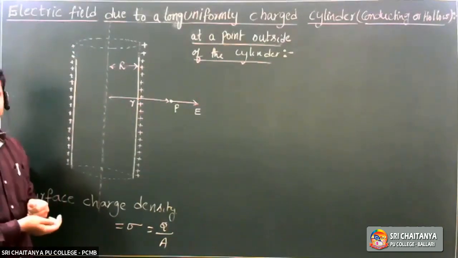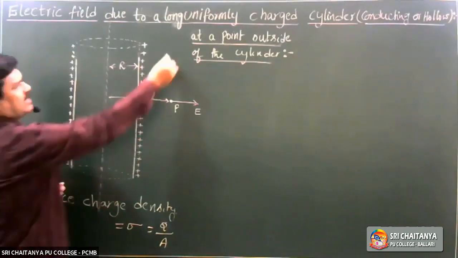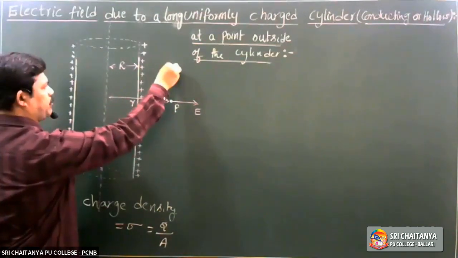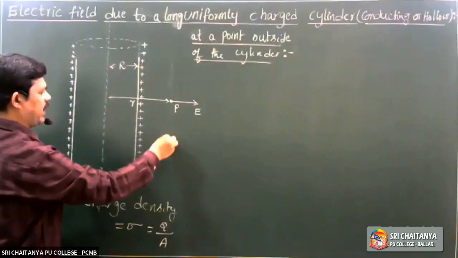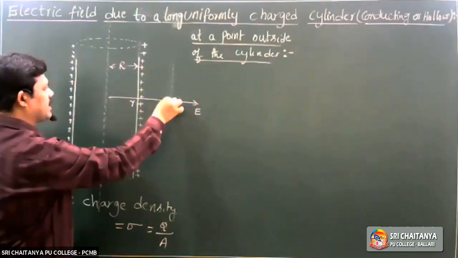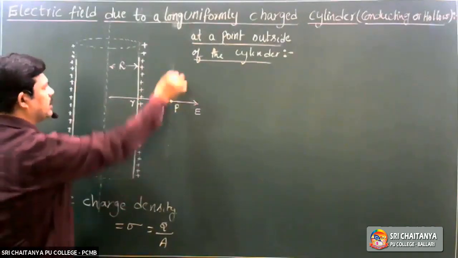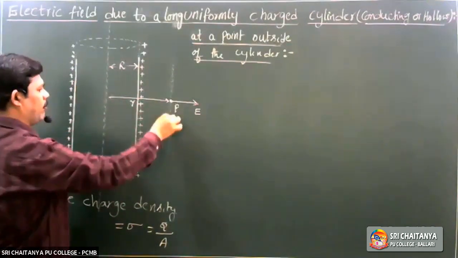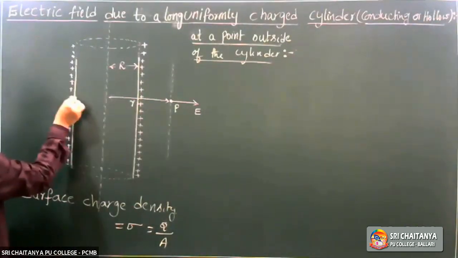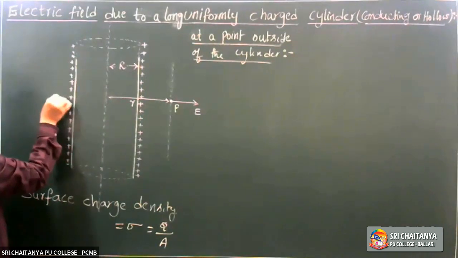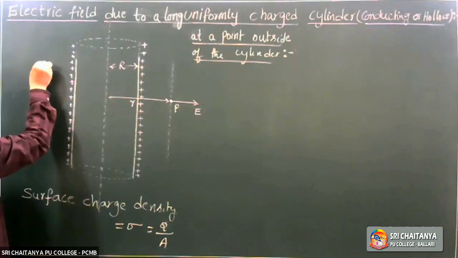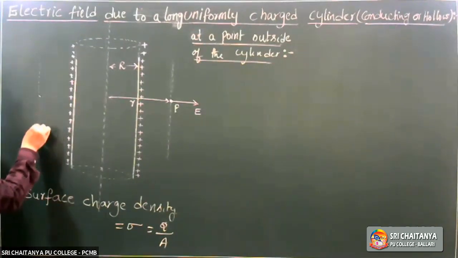First step is over: field direction. What is the second step? The field is the same at a distance r from the axis. So the second step is to assume a Gaussian surface passing through that point.